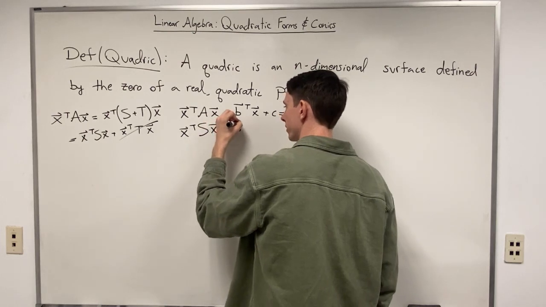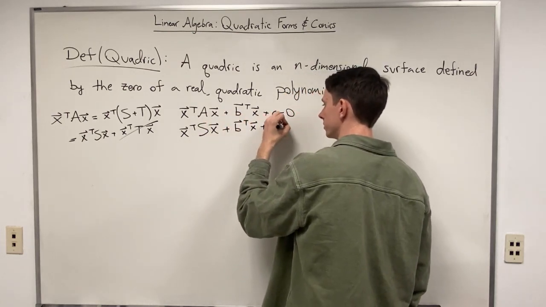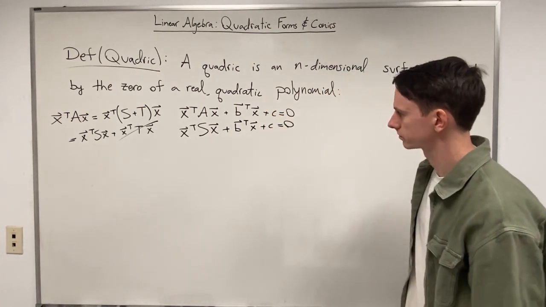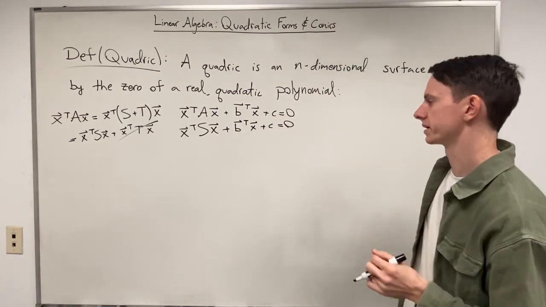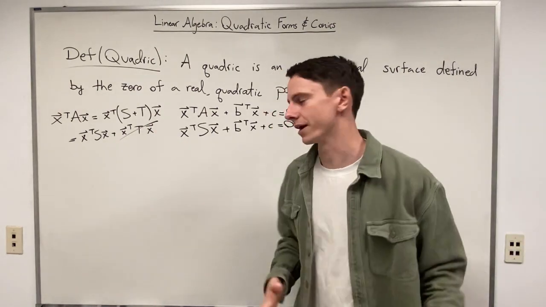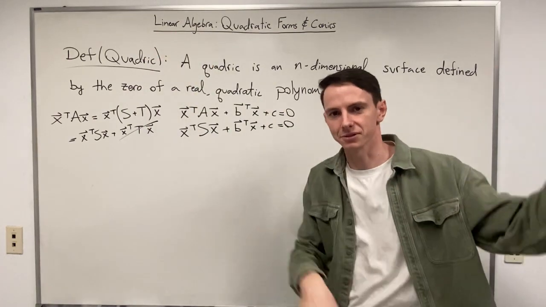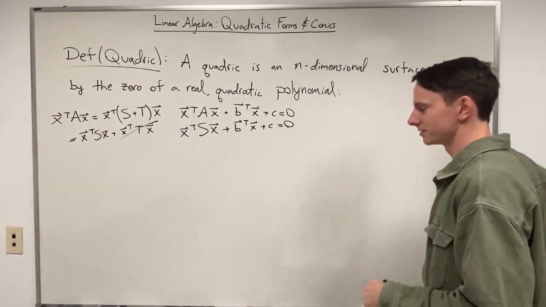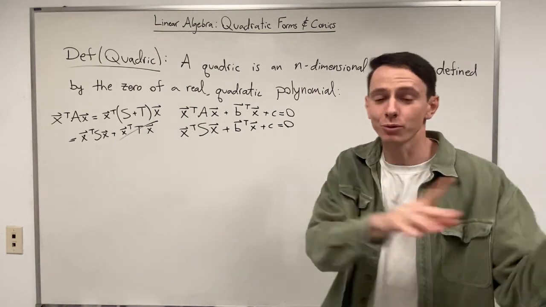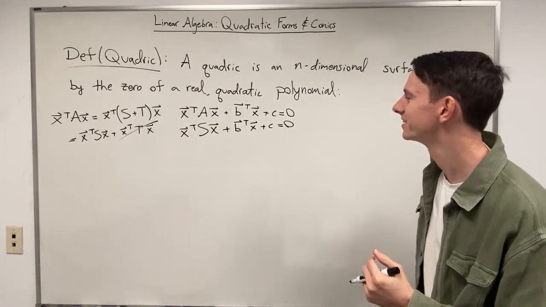So then I'm going to have b transpose times x plus c gives me 0. Hopefully that makes sense. Admittedly, I'm just stating that without proving it, but some of the stuff we're proving here, some of the stuff we're not. So either take my word for it or look it up yourself. I promise I'm not lying on that part.